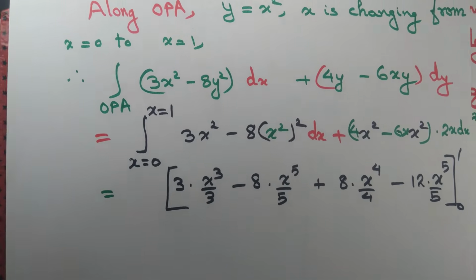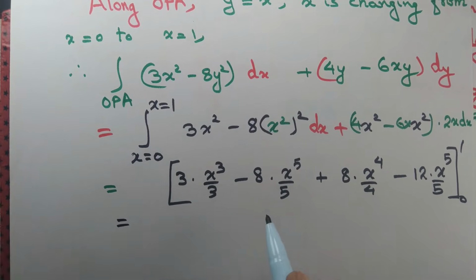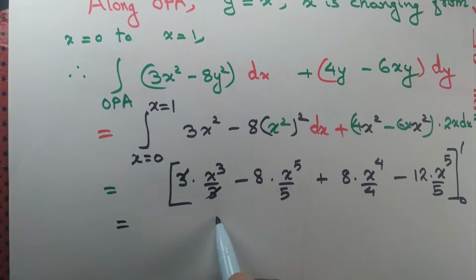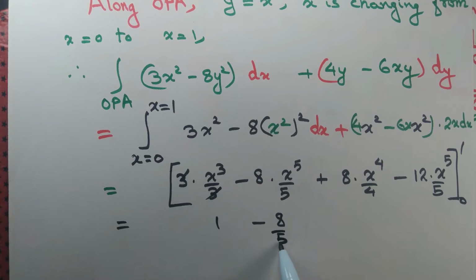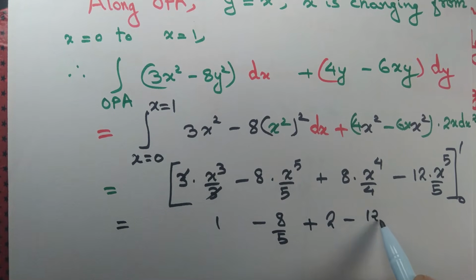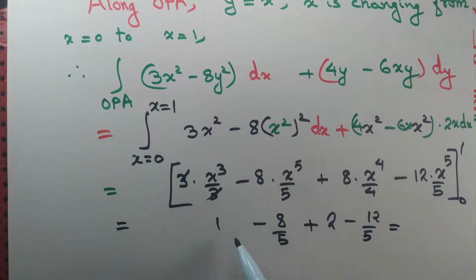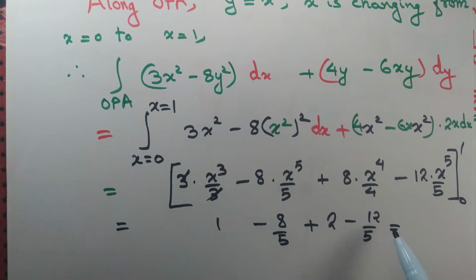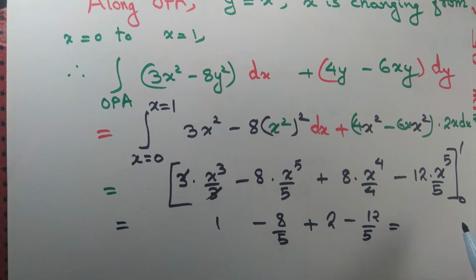Let us compute it. We have 1 minus 8 by 5 plus 2 minus 12 by 5. That gives us 3 minus 20 by 5. That is 3 minus 4.